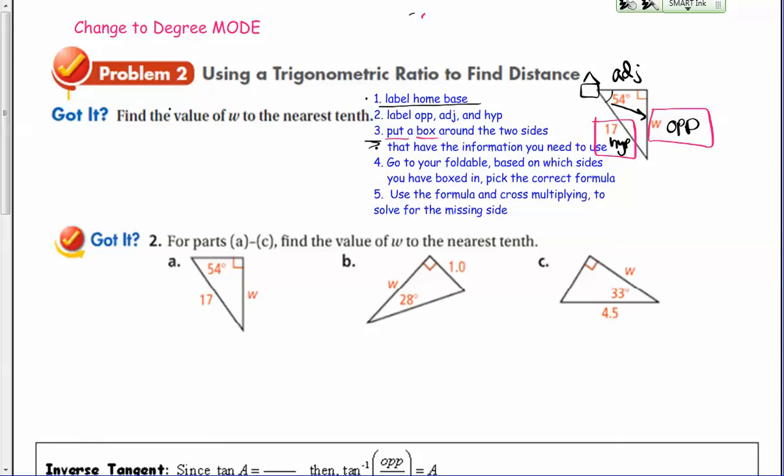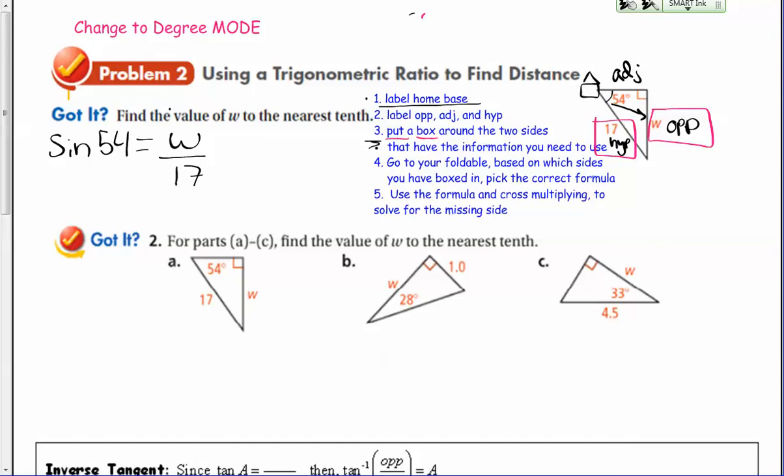All right, after you've looked through your foldable a little bit, you should have found that the sine function goes with opposite and hypotenuse. And my sine formula says the sine of my angle, and my angle is 54, equals my opposite side, that's my W, divided by my hypotenuse, and that's 17. At this point, you're like, okay, great, well, what kind of math am I supposed to do here?